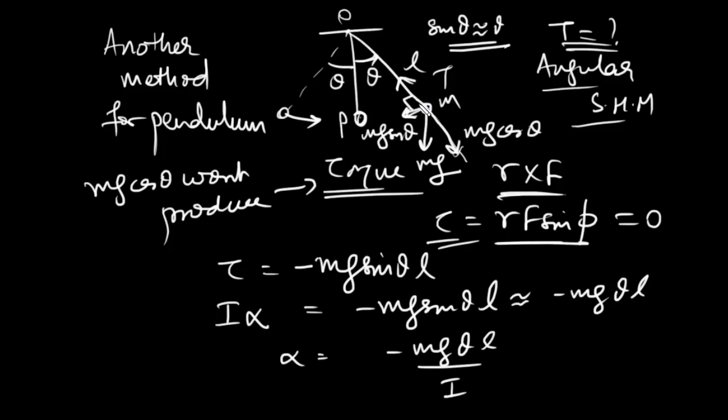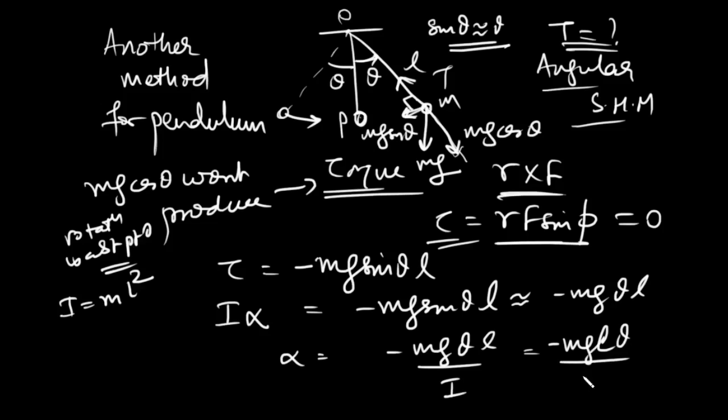What is the moment of inertia here? It is m times L square, because rotation is about point O. So I would be equal to m L square. This would be minus mg L theta by m L square. L gets cancelled. So alpha is minus g by L theta.